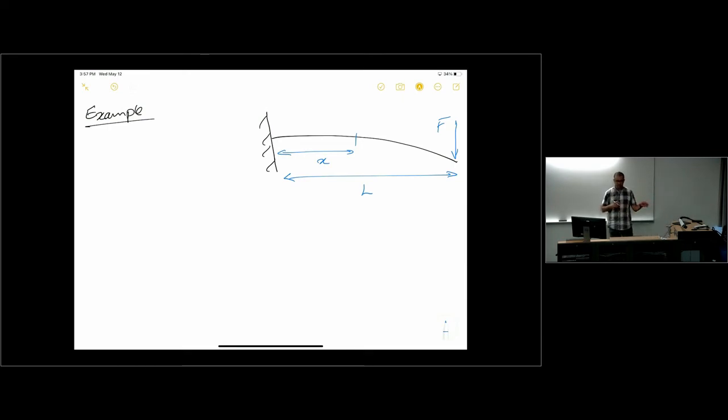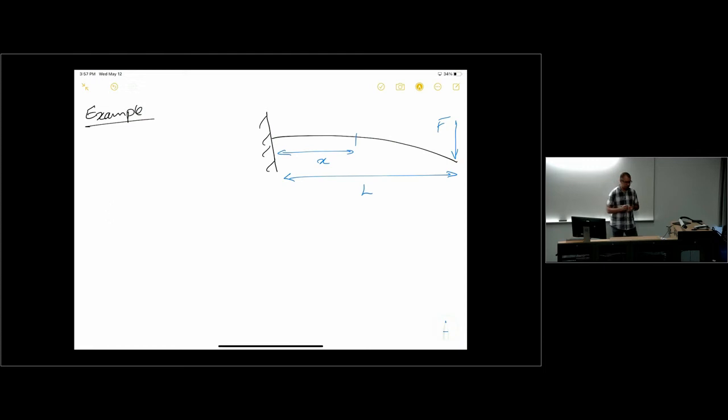The base is clamped, the tip is free, and we want to solve this equation to see how the beam deflects in response to that force. So the equation that I need to solve is this.